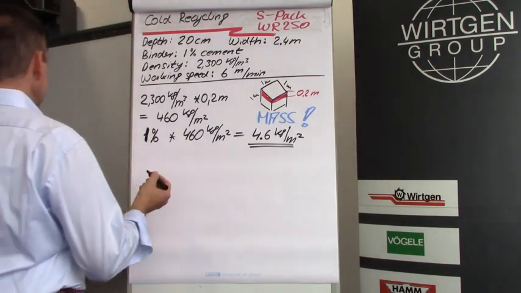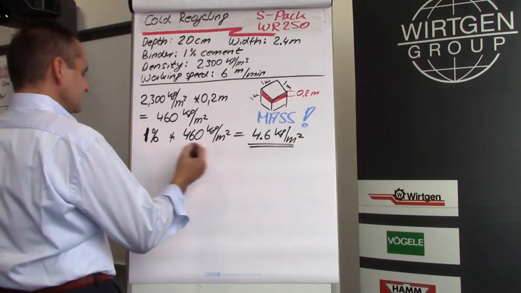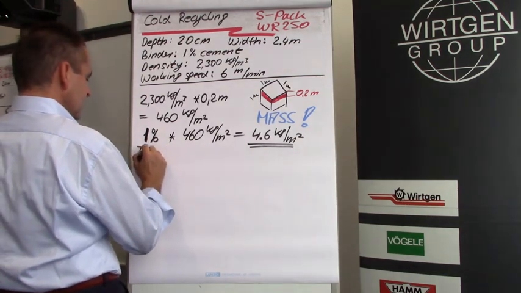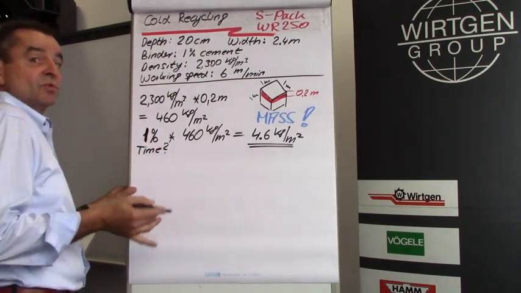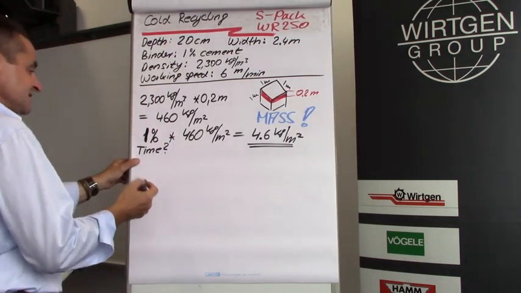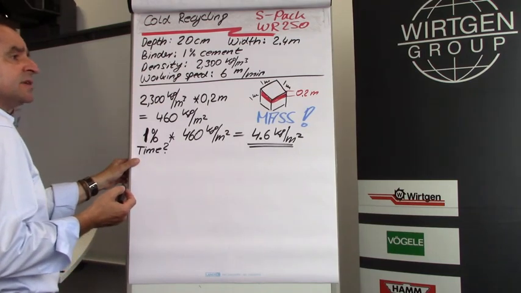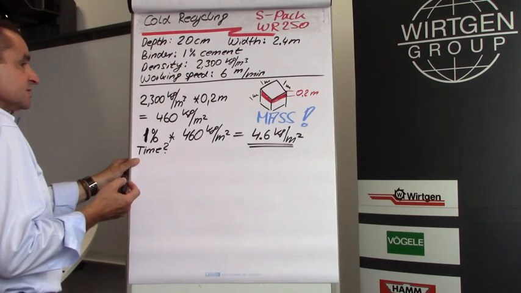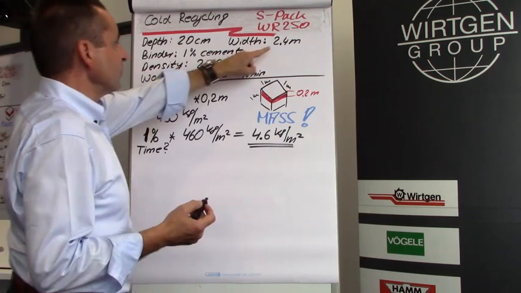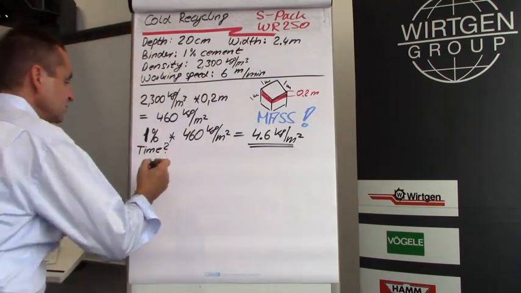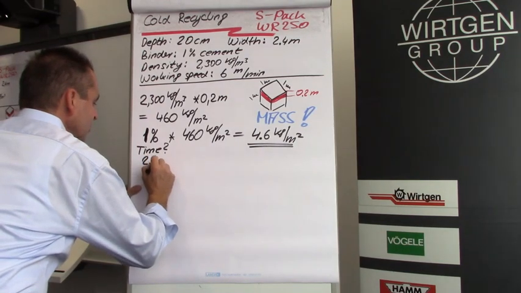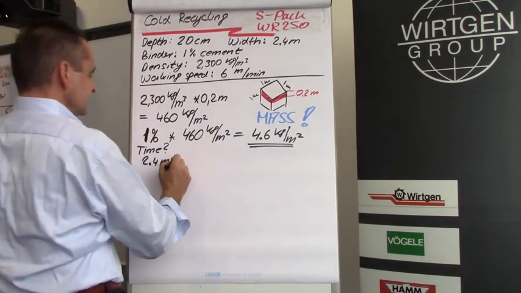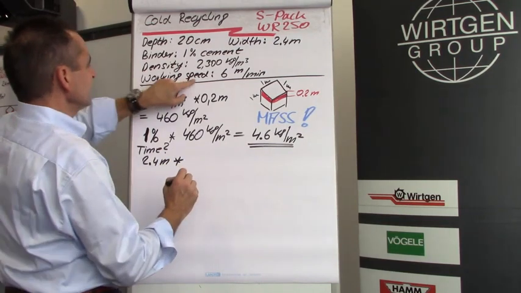Now let's talk about the spreading time. I think this is again the same as we already did. What is the spreading time before we have to refill the S-pack? To calculate this, I think it is very easy. Remember our working width. Let's check out first what we do every minute. We have a working width of 2.4 meter, times the speed of the machine.